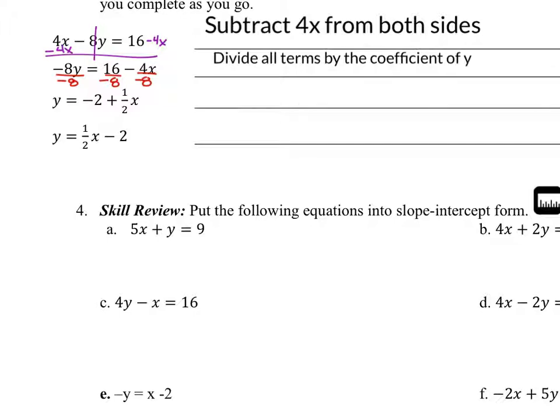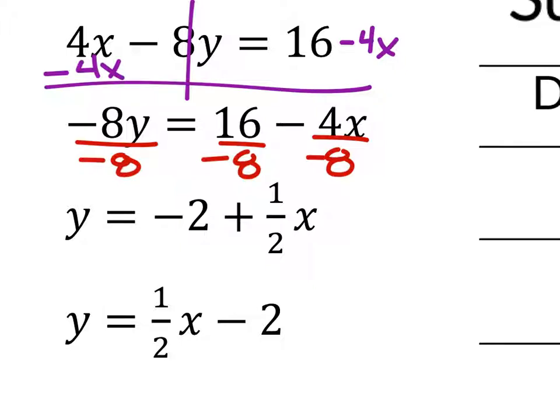of y. Now that we have these, all we're going to do is rearrange these two terms so that the positive 1/2 x is in the front and the negative 2 is not. Bam.